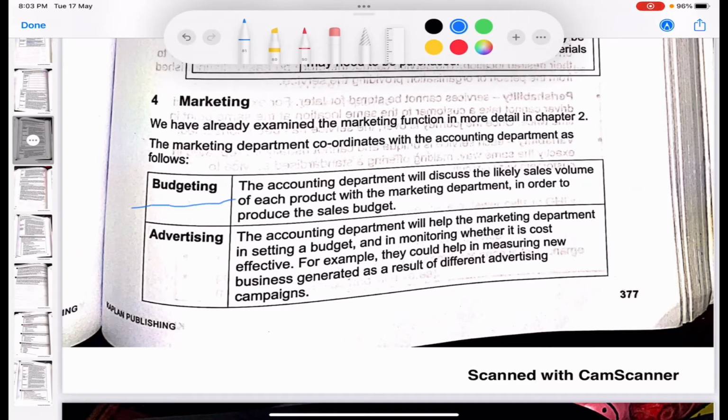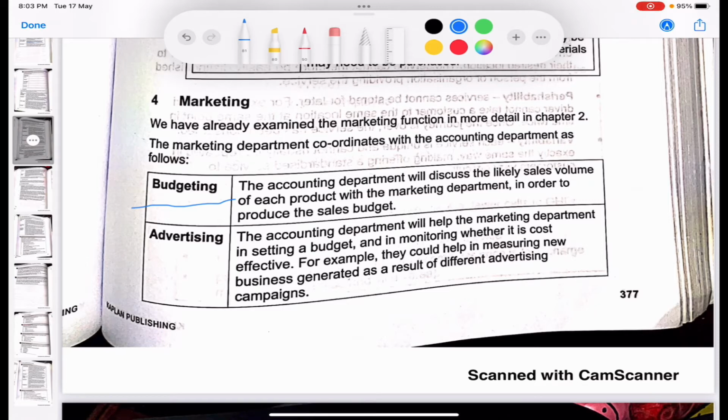So budgeting. As you've noticed, budgeting is something which every department does because it is really mandatory. So budgeting, the accounting department will discuss the likely sales volume of each product in order to produce the sales budget.